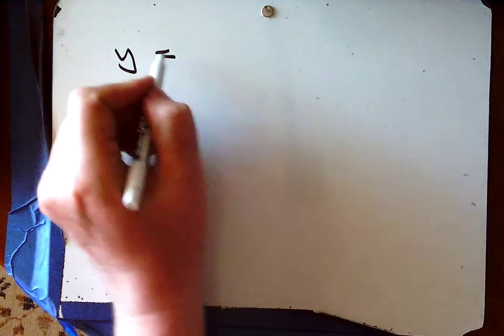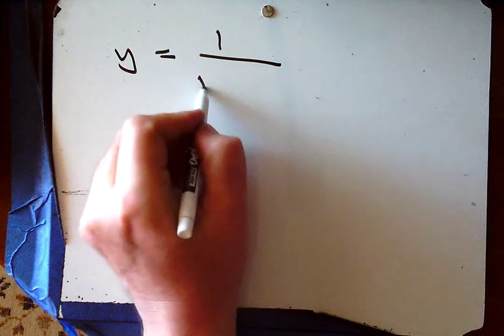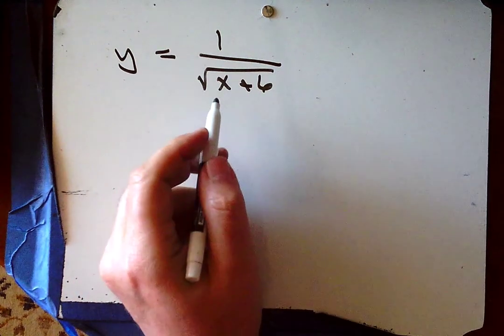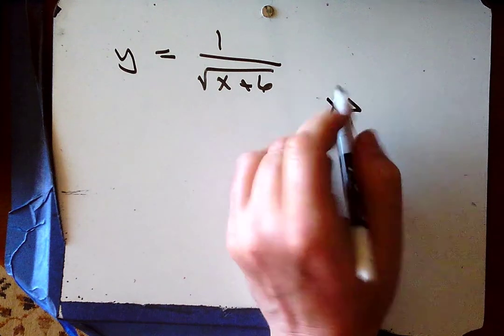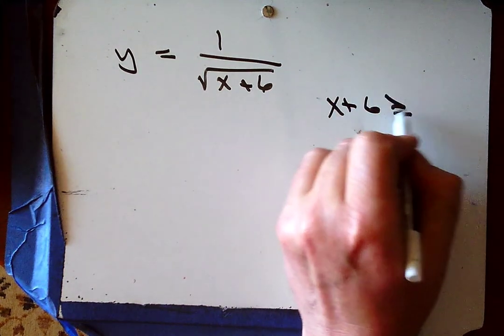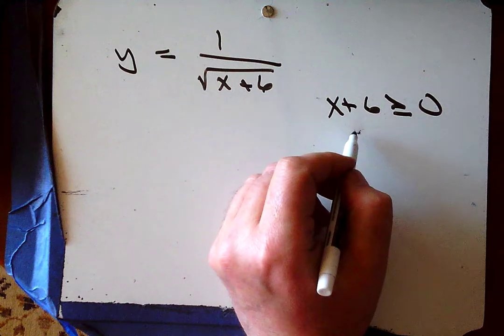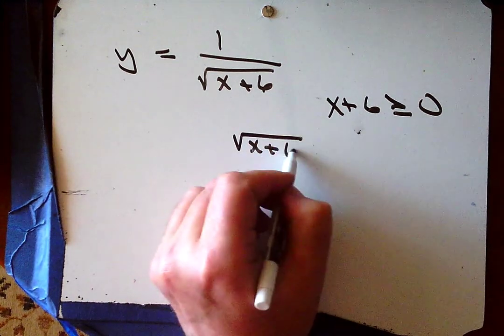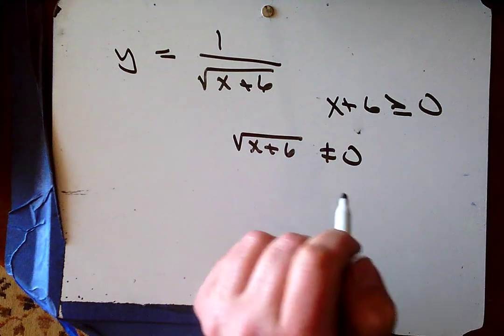All right, let's do a couple more. How about y equals 1 over square root of x plus 6? Well, that's interesting because I know from the radical that x plus 6 has to be greater than or equal to 0. But I know from the denominator that the square root of x plus 6 can't equal 0.